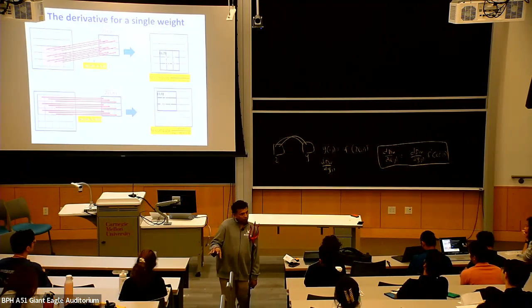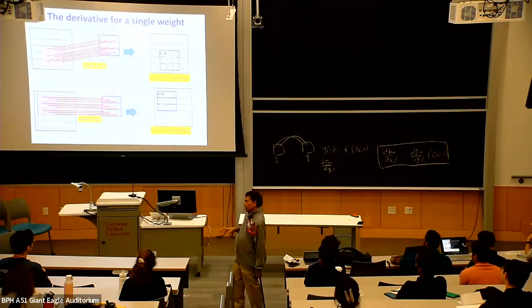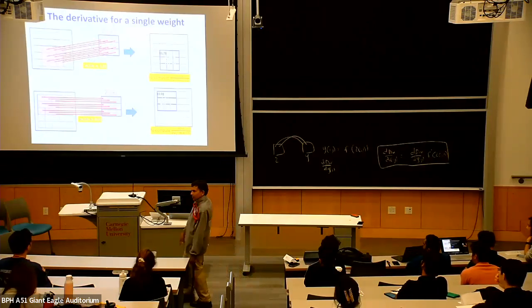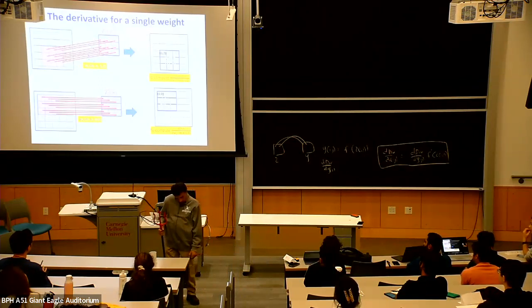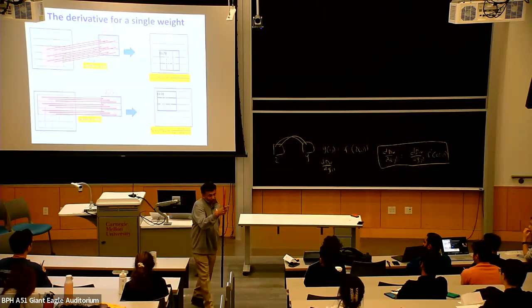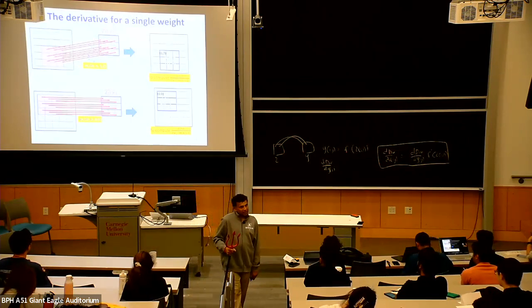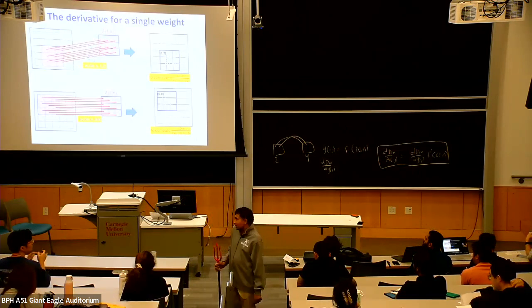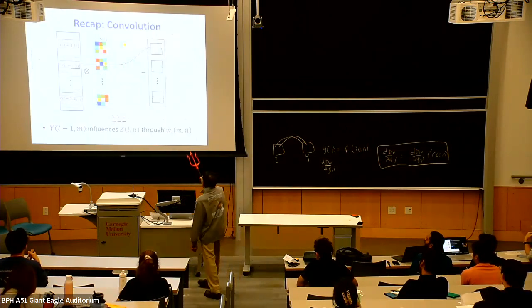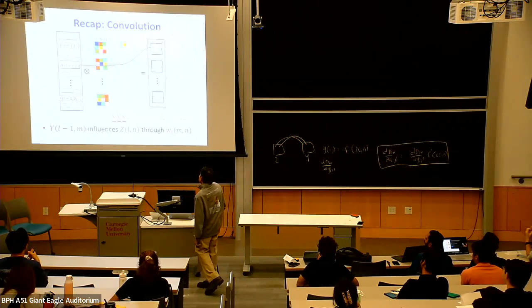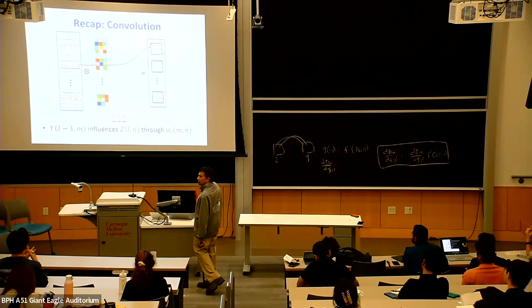If I wanted to compute the derivative for W00, then the entire Z index had to be positioned at Y00, because I start at Y00 and then keep summing over the Z indices, correct? So this is basically what happens. Let's consider the second map of the first filter, the second channel of the first filter.